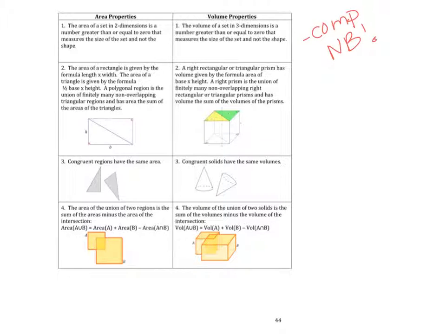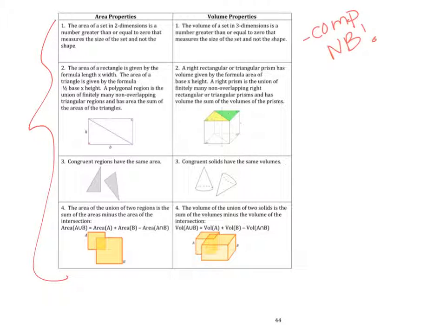The area of a triangle is given by the formula 1/2 base times height. A polygonal region is the union of finitely many non-overlapping triangular regions and has area the sum of the areas of the triangles. Number 3: congruent regions have the same area. And number 4: the area of the union of 2 regions is the sum of the areas minus the area of the intersection. We've already taken a look at these. We're just putting it in a concise way so that it's easier to remember.